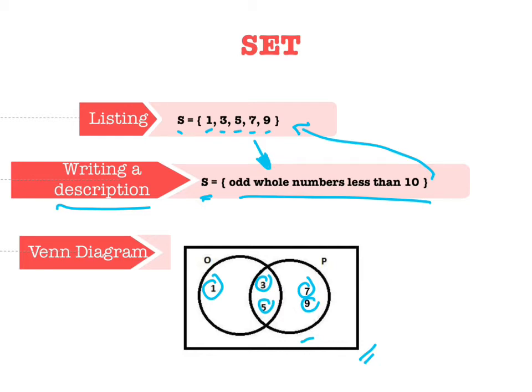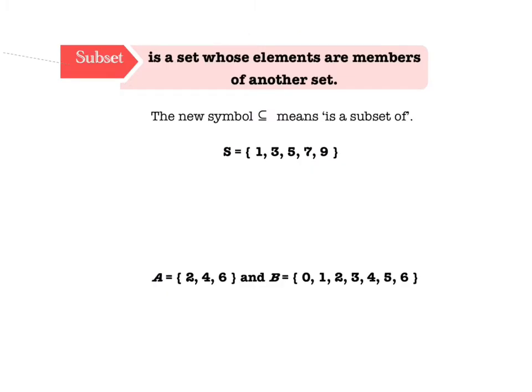So those are the ways of writing a set. Let us proceed to the next topic. We have the subset. A subset is a set whose elements are members of another set. The subset has a symbol, this one. It means is a subset of. Let us have an example, the same set S with the elements 1, 3, 5, 7, and 9.